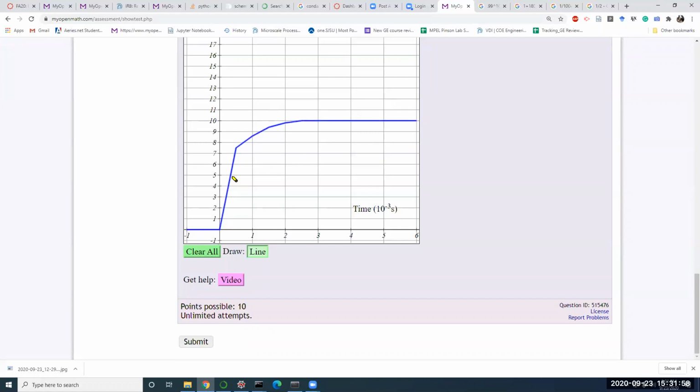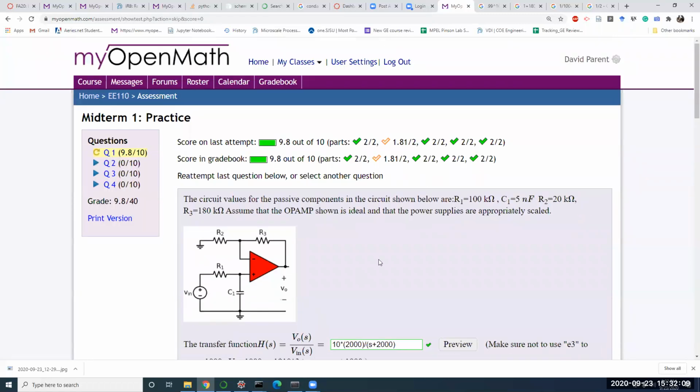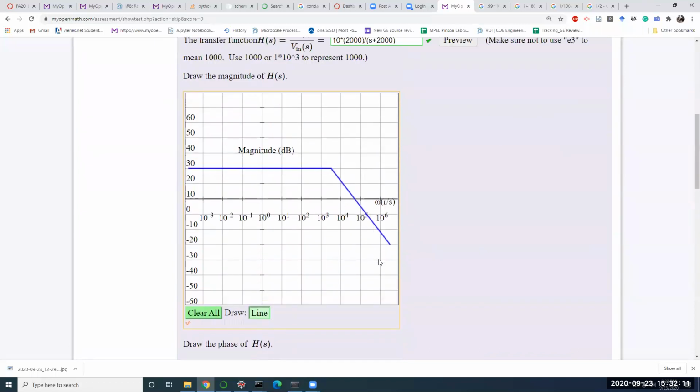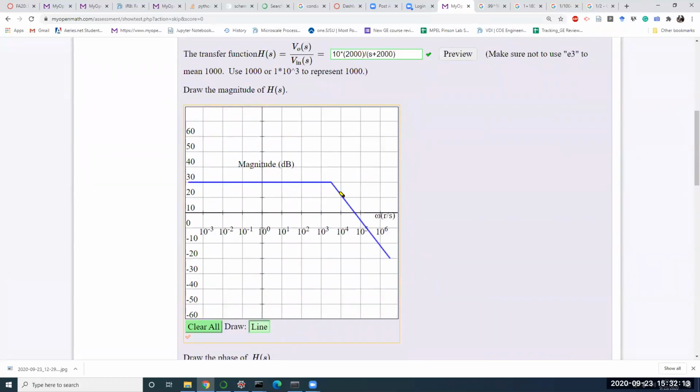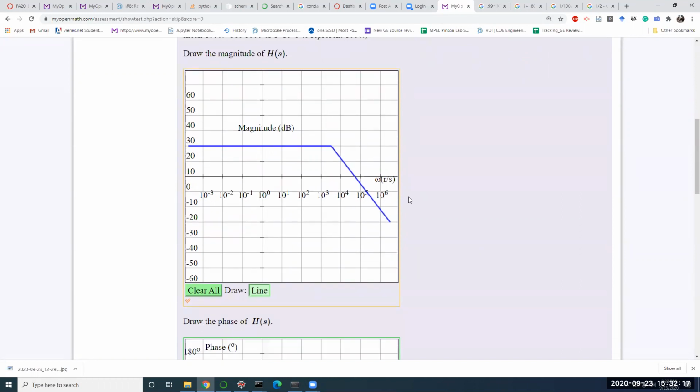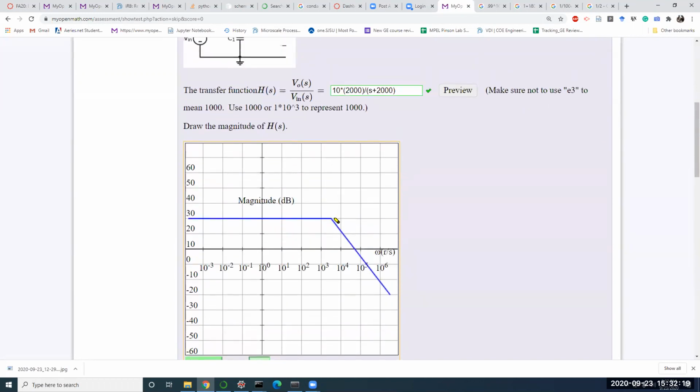Something, looks like I might have gone too far, but let's say I did that. So then I submit it. Ooh, I did really well. Oops, I messed up something here. But here's the thing: it's really hard to plot.